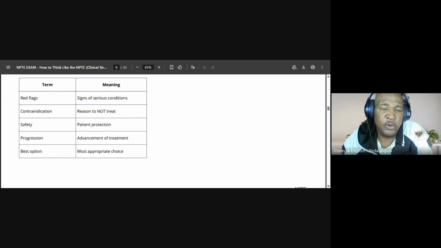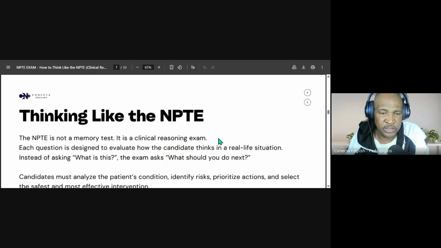So we're looking at safety. Safety is basically the protection of the patient, right? And the patient's progression is the advancement of the treatment that you're doing. Also, we're going to be looking at best option. Best option is the most appropriate action you can take.